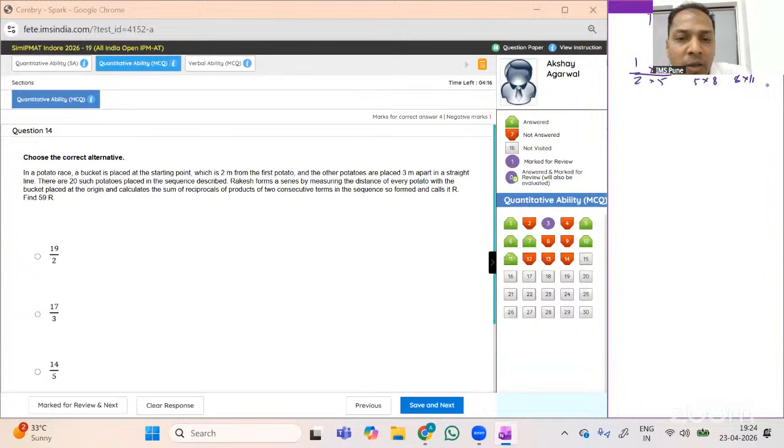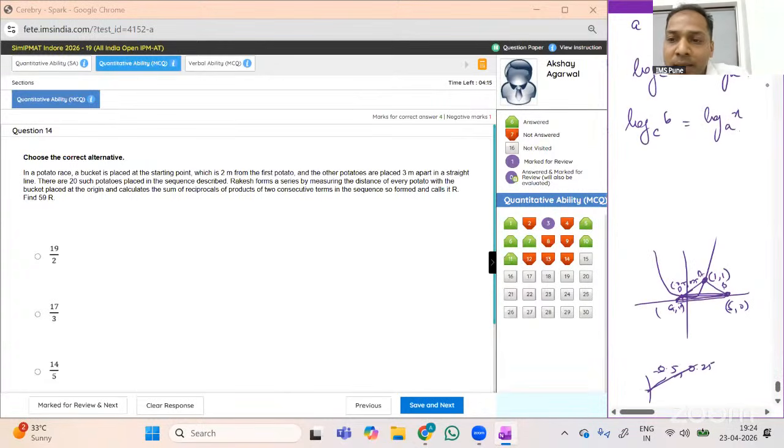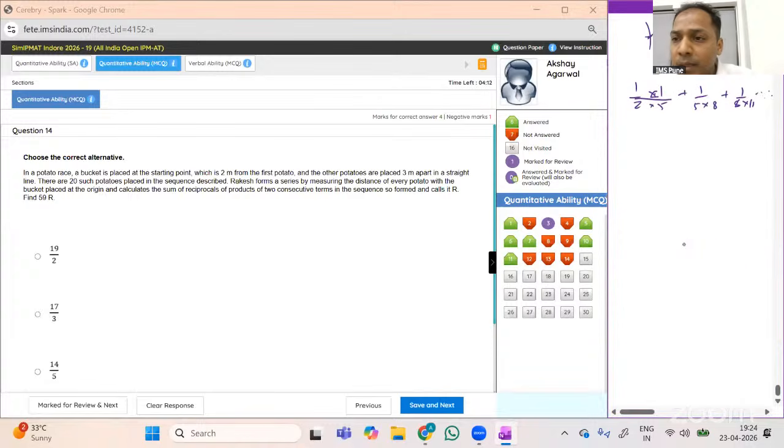I think I've seen such a sequence, and there are 20 such potatoes. So there'll be first into second, second into third, and so on till the 19th term. So that will be 3 into 19, 56.